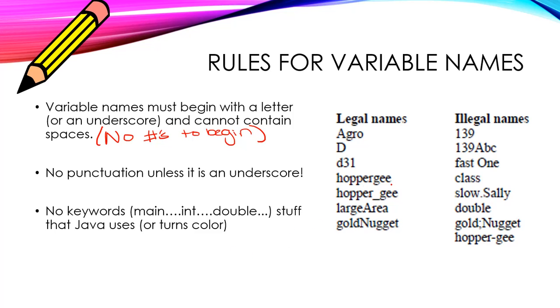So for this hopper G here, what I would have done is hopper and then a capital G. That allows me to see what's the next new word. Kind of like how large area has a capital A, it makes it a little easier for our eyes to see that second word of the variable's name.